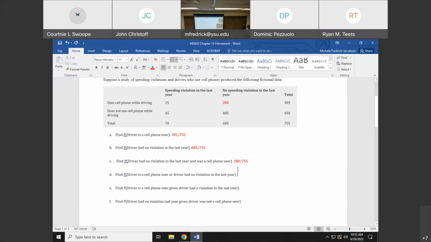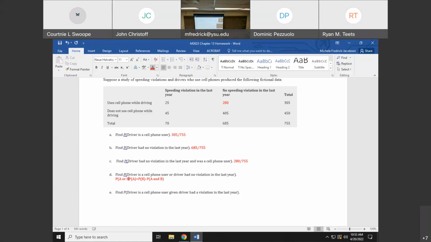So when you have an or, the formula is the probability of the one event plus the probability of the second event minus the probability of A and B. So if you have an or, the probability of A or B, you add the two together, but then you subtract that overlap because it was added in twice.